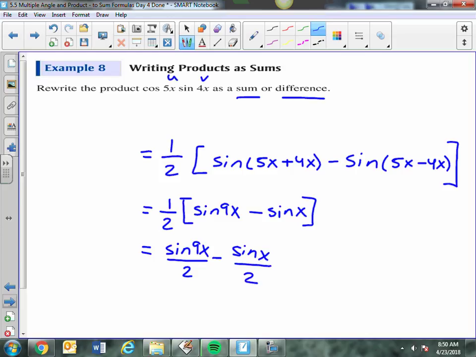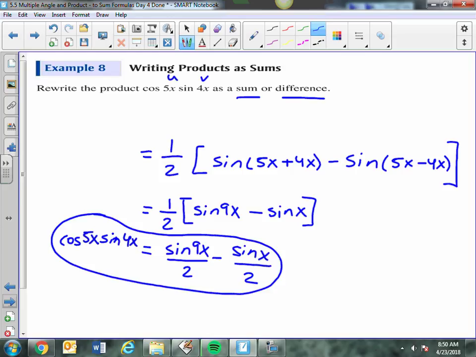Okay, so there, I'm going to fill this in. There is your sum that you would find would equal the same exact thing. There is your simplification. It is a difference.